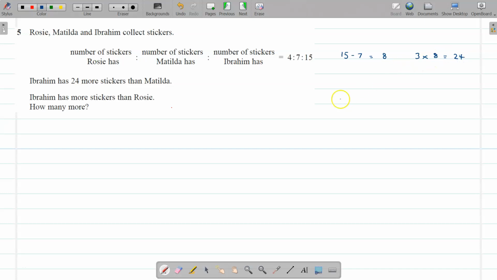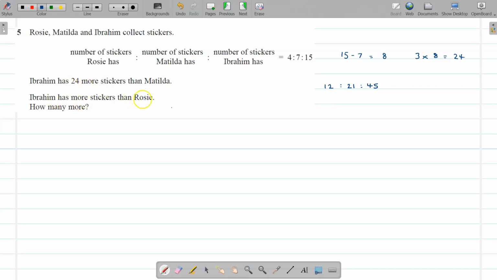And what I'm doing there is I'm going to take this ratio and multiply everything by 3. So I get 12 to 21 to 45, you see. And that will give me a difference between Ibrahim and Matilda of 24. Okay, so that's what it says here.